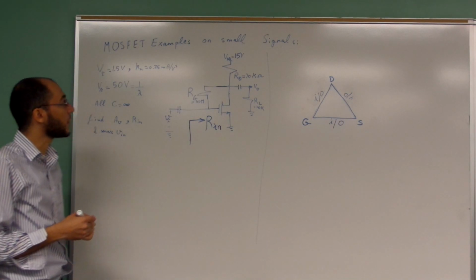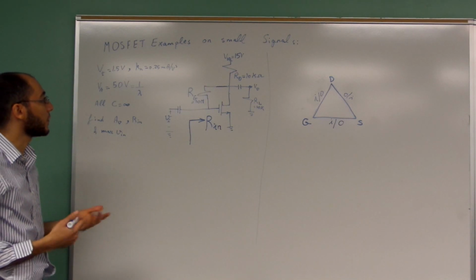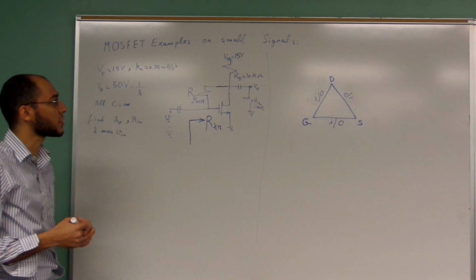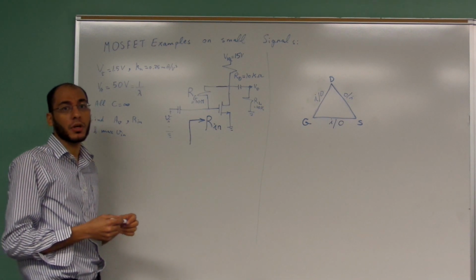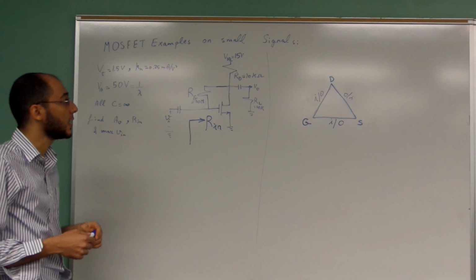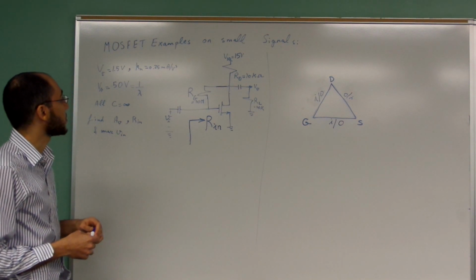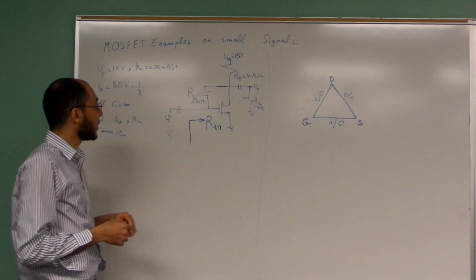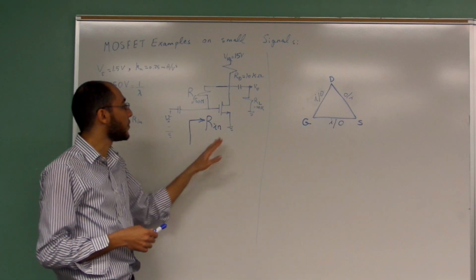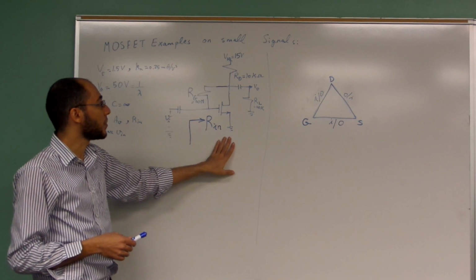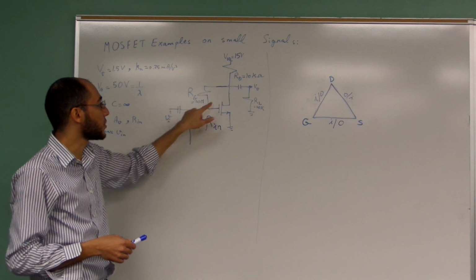Let's solve this example and find out how we could solve it, because this example is going to capture a lot of the ideas that you might see in any MOSFET transistor example. In this example, the MOSFET transistor is biased through this configuration.